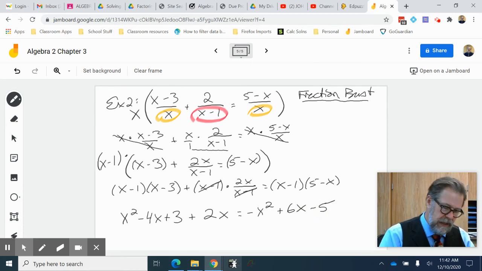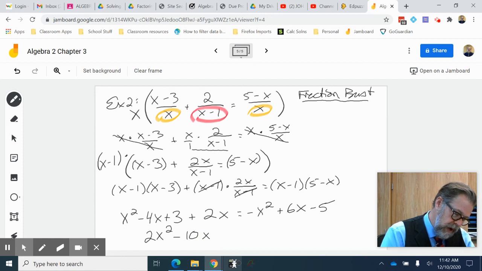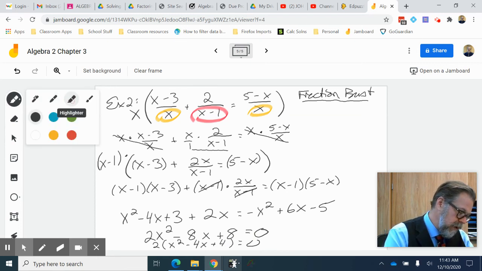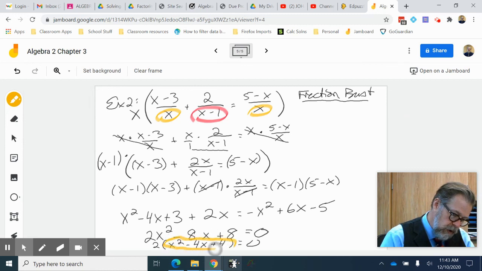And now I can collect like terms, and I get 2x squared minus 10x plus 2x, which is going to give me minus 8x, plus 3, add 5 to both sides, plus 8 equals 0. And again, notice that I could factor out a 2 and rewrite this. This could be 2 times x squared minus 4x plus 4 equals 0. And now all I have to do is solve that quadratic equal to 0.